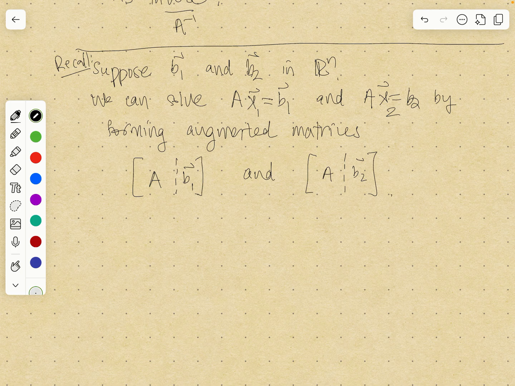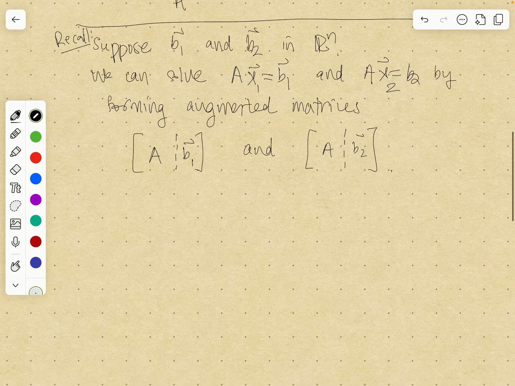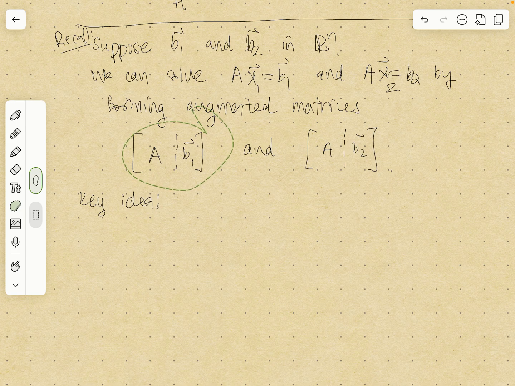Now the key idea for finding the inverse of A is this. Suppose that you have these two systems of equations that you're trying to solve.